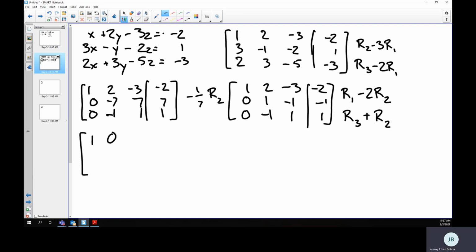Negative 3 minus 2 times negative 1 is negative 1. And negative 2 minus 2 times negative 1 is 0. Row 2 remains the same, 0, 1, negative 1, negative 1. And finally, row 3 gets canceled out.